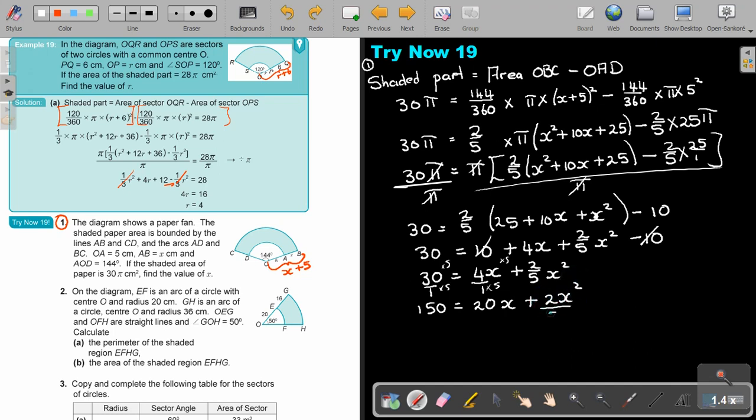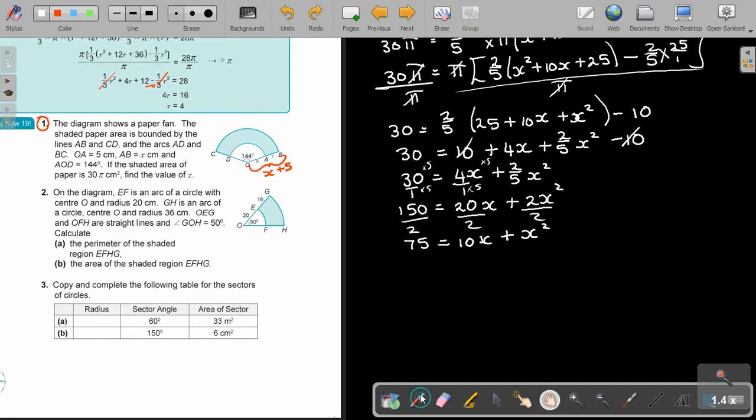I can divide by 2, so I get 75 equals 10x plus x squared.